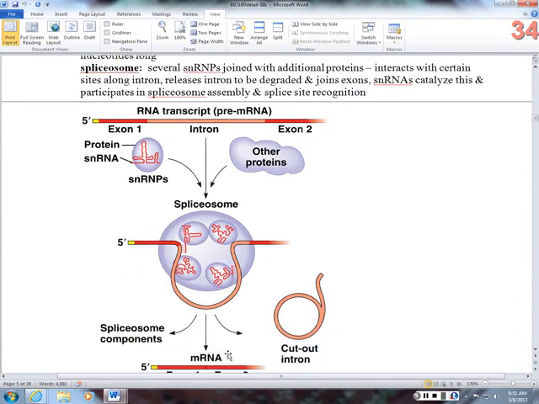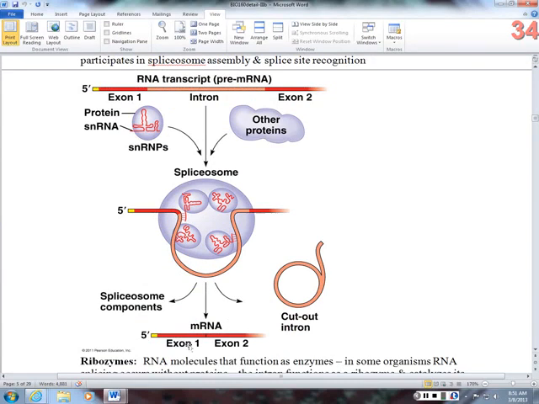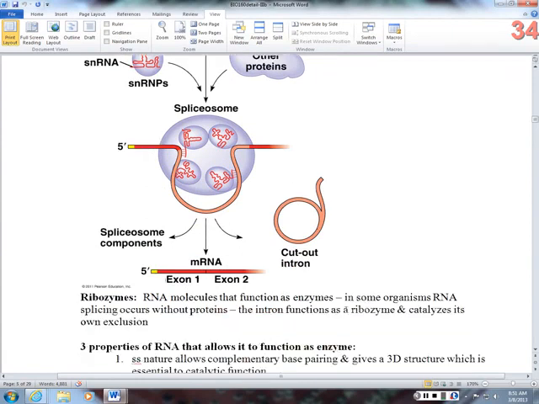So this is showing how you've got that pre-RNA strip, and these are going to help to make the decision to cut out this intron section here that you don't need. It's cut out, sent away, and you end up with your final product at the end.